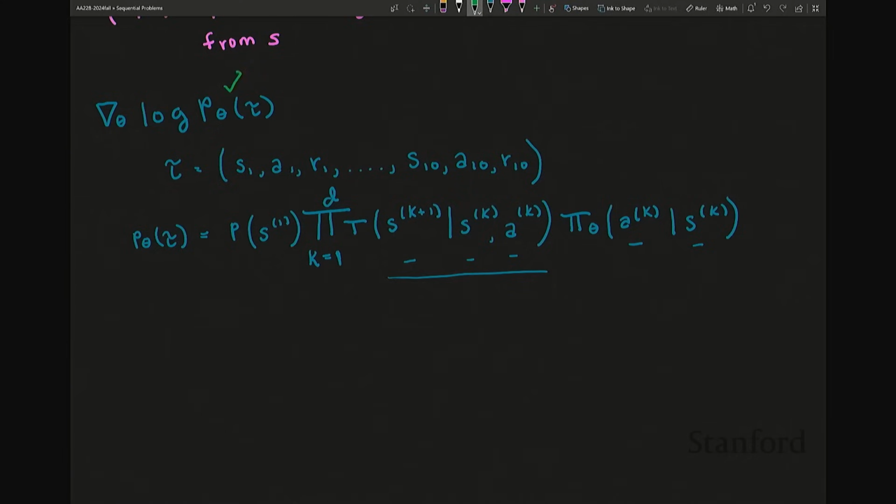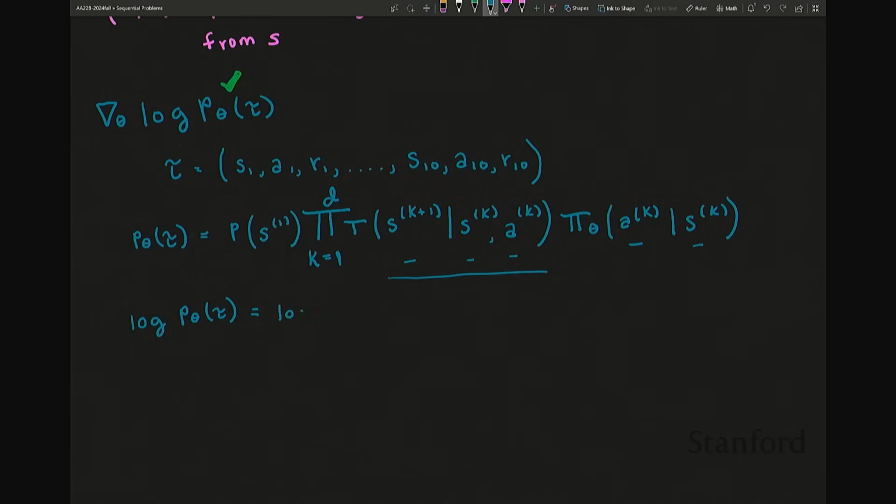All right. So the first part is done. We have an expression for p theta of tau, and now we're going to take the log of that. So the log of p theta of tau, and because we're taking the log of a product, we can convert this into a summation.